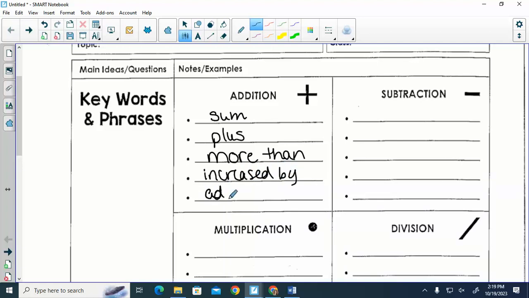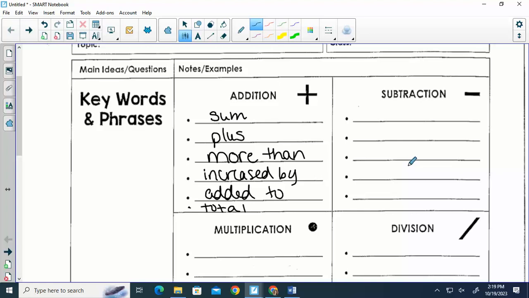You said added to. We might just say total, the total of something, so we're adding them together. So lots of different words that might be telling us to add.